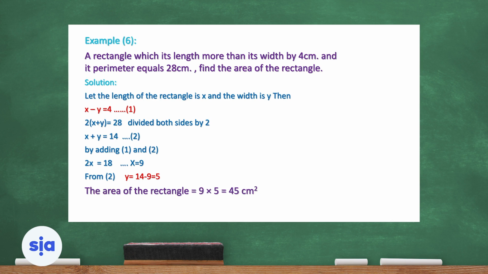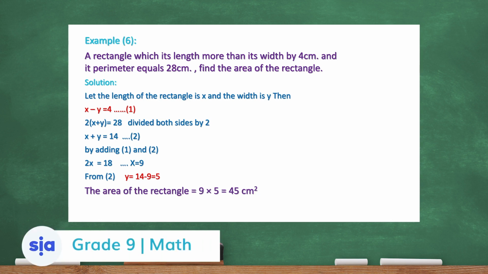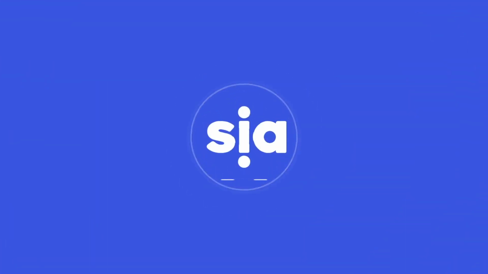So you need to think, what are the givens that we have and how can we use them, and how can we change them into an equation. Dear students, by finishing this example, we're now able to solve the simultaneous equations by the algebraic method.